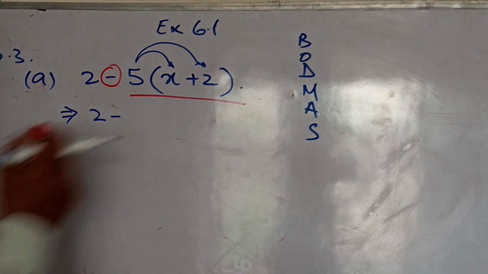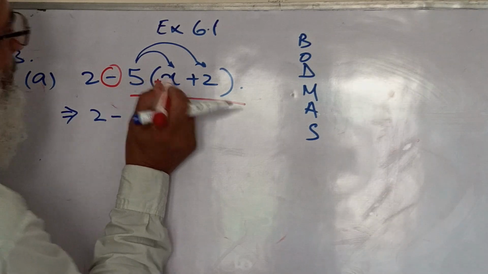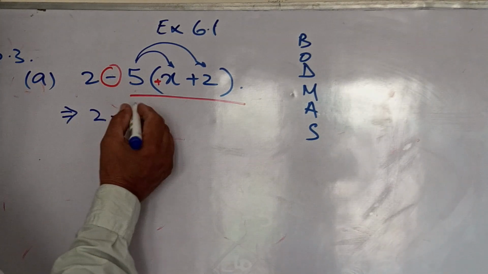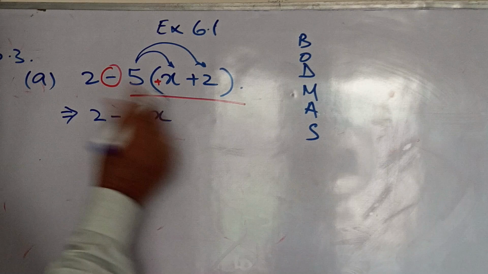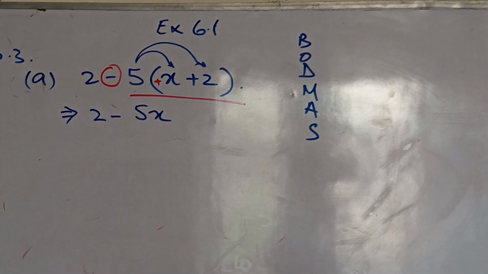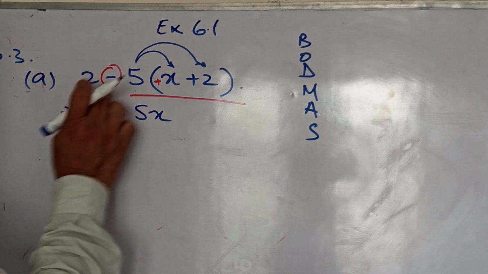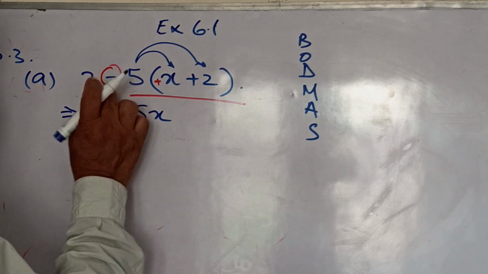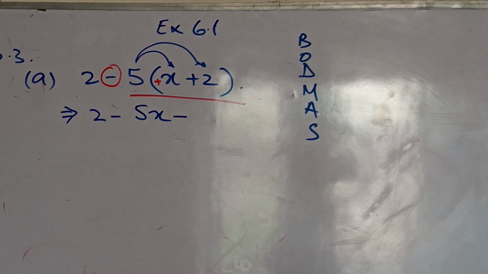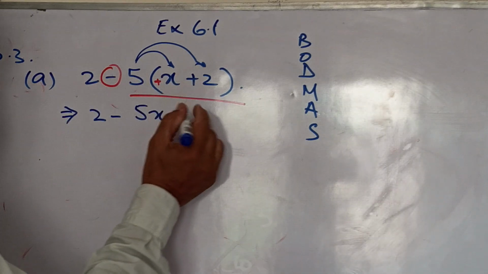There is a hidden plus sign over here which is not written. It is understood that when there is nothing, it is plus. So it is 5x minus 5x. When minus multiplies plus, it becomes minus, and minus multiplied with this plus again becomes minus, and 5 twos are 10.